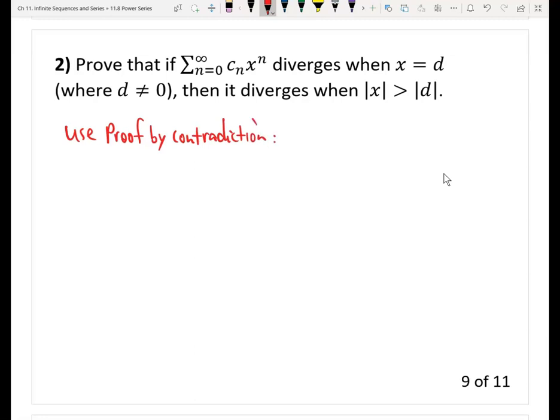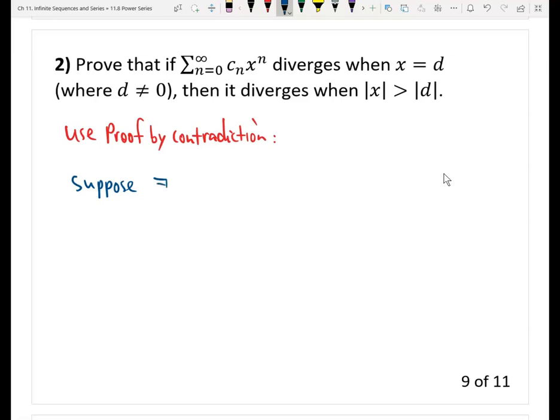Contradiction, which means what? If our result is not true, we will get a contradiction. Therefore, our result is true. Okay, so let me see. How do we set up that our result is not true, which means the opposite? Therefore, it converges at a number x greater than D, right?